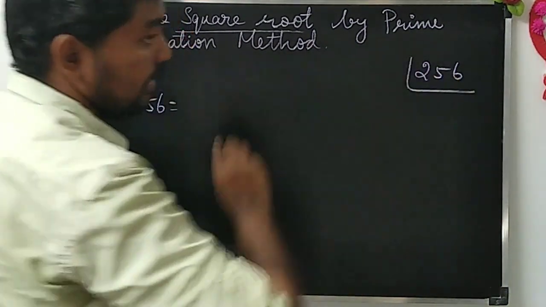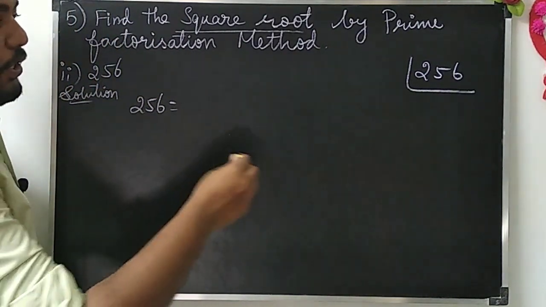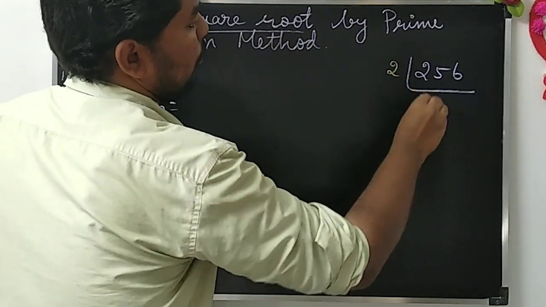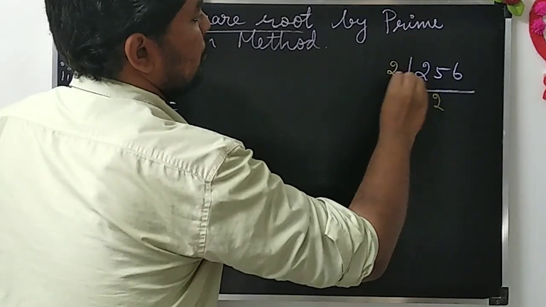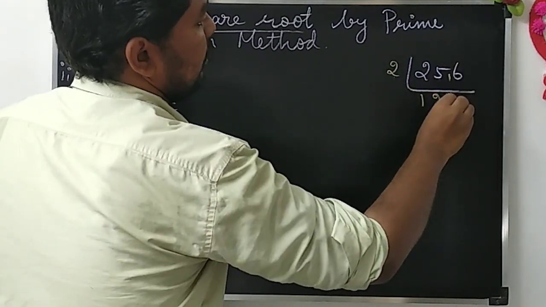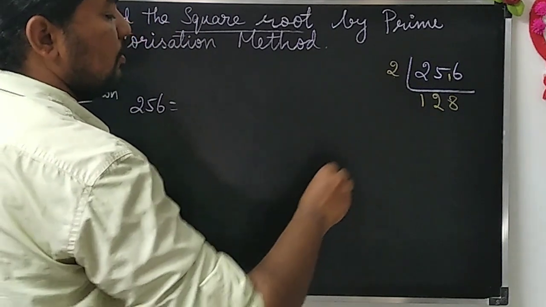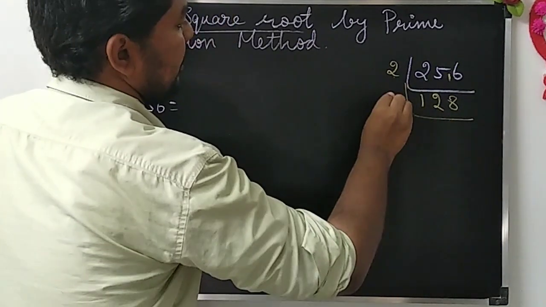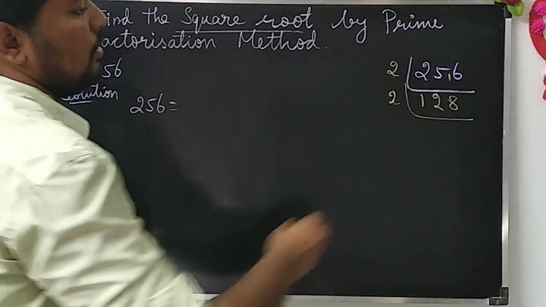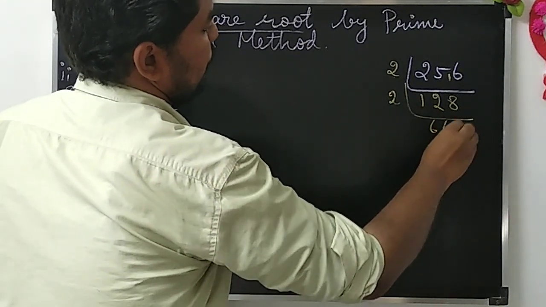Take 256. The ones place contains an even number, so the number is divided by 2. 1 2 is 2, 2 2s are 4, remainder 1, 8 2s are 16. So the next number is 128. Write 2, 6 2s are 12, 4 2s are 8.